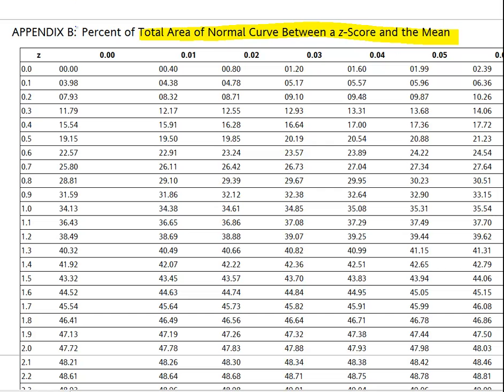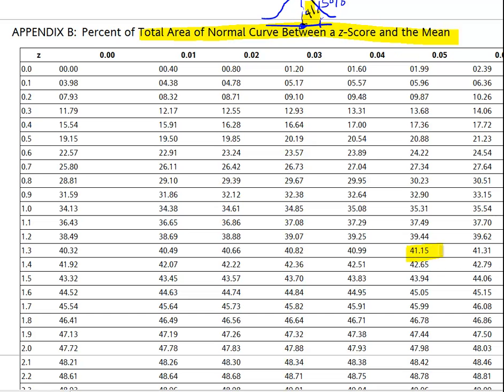Right now, we know that we're looking at the normal distribution, and here is the mean, 0, and then we want to go out 41.15%. So this is the area under the curve between the mean and the Z-score that we're looking for. So we're going to look for 41.15% right here.